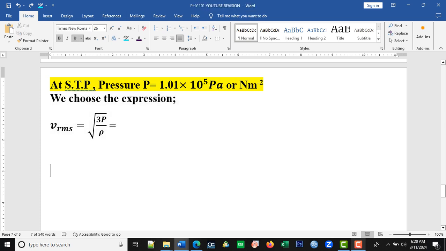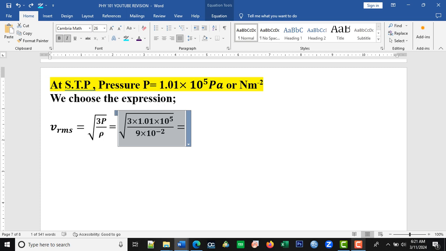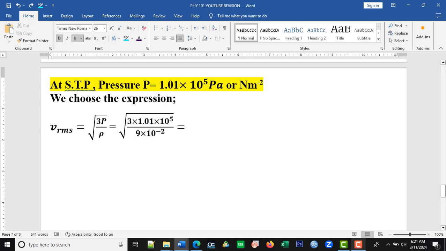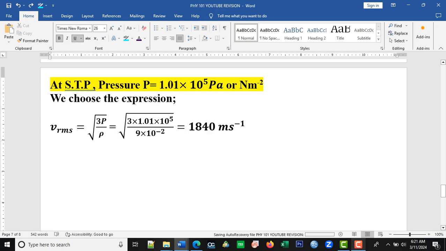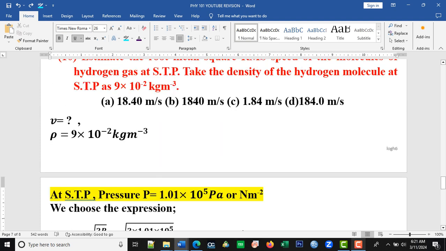V equals root 3P all over the density. We substitute the value for the pressure and then the density. When we simplify that, we obtain 1840 meters per second. Let's go to the options. C here is 18.40 meters per second, B is 1840 meters per second. So option B is the correct answer.